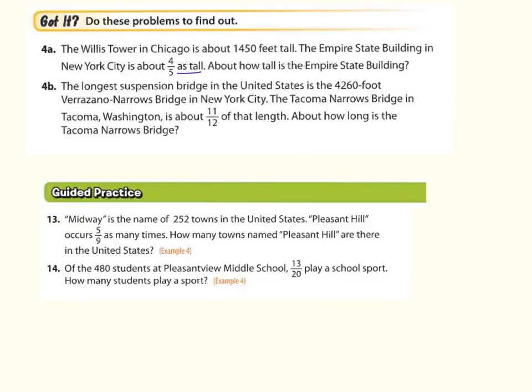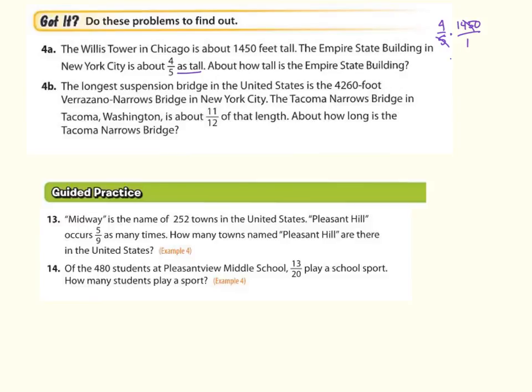We're going to multiply those two numbers. So we're going to take 4/5 and multiply it. I'm going to put this over 1 for a fraction for improper, so I don't have to waste a step doing that. I know that 1,450 is divisible by 5, so I'm going to go ahead and reduce those numbers down to something that I can work with.